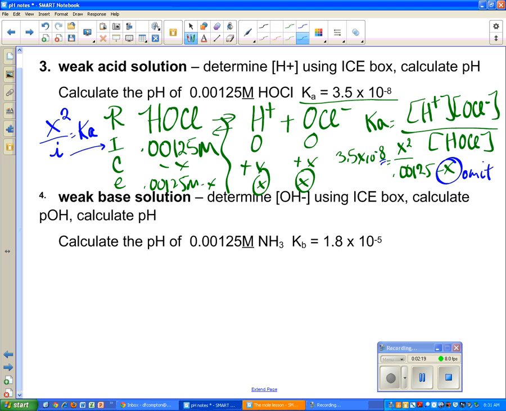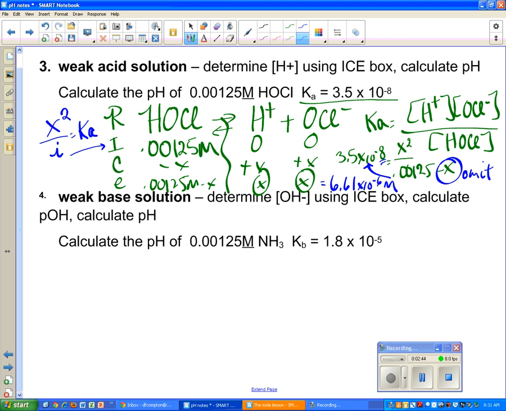And when we solve this, I'm not going to take the time to show you plugging it all in. But if we move this around, if we multiply these and take the square root, we end up with x equaling 6.61 times 10 to the minus 6 molarity.